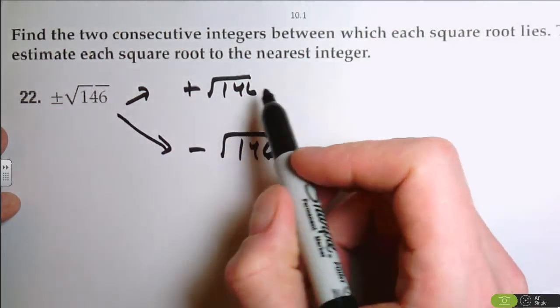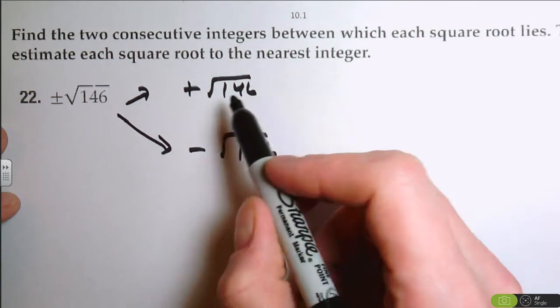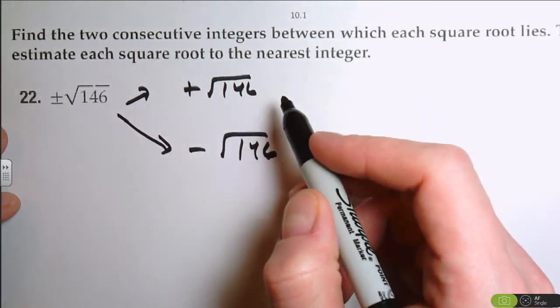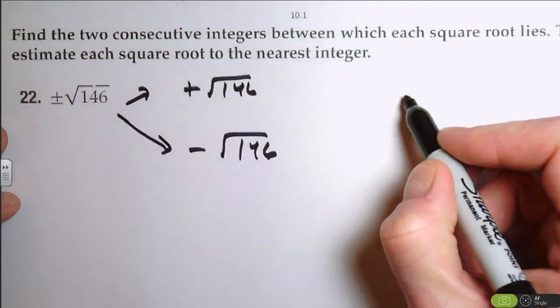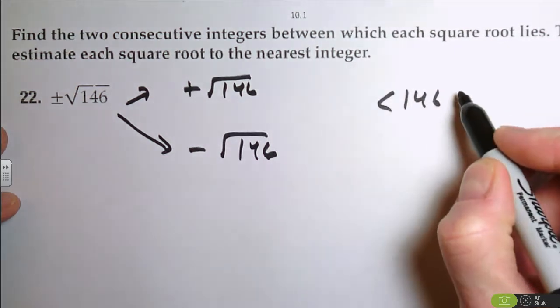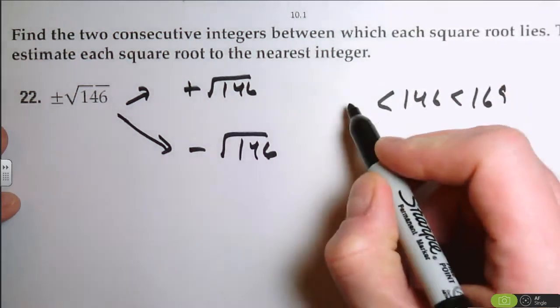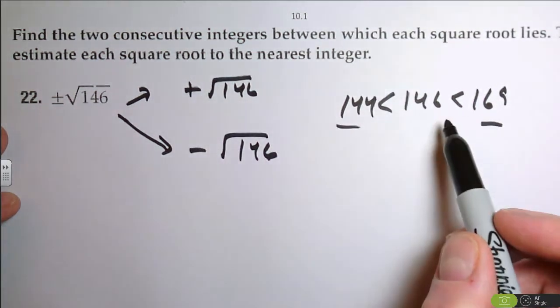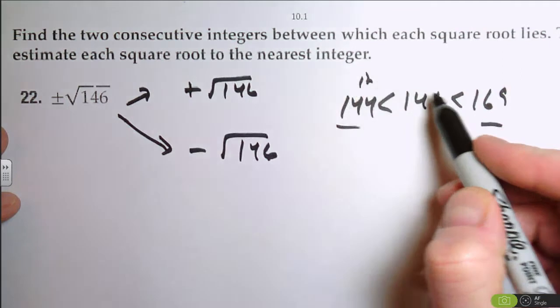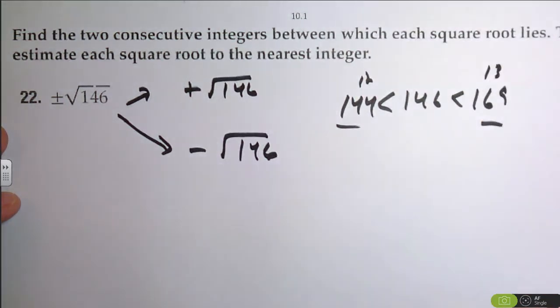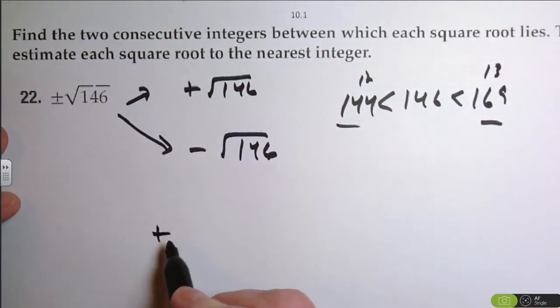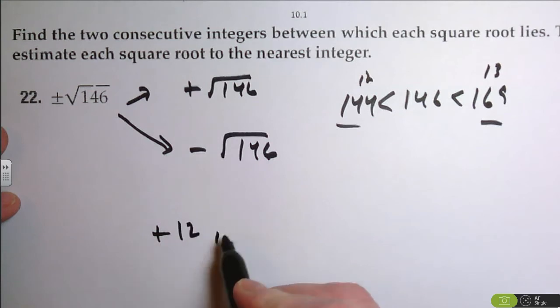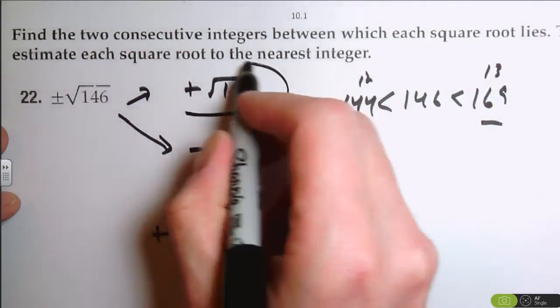Now, the square root of 146 doesn't have a perfect square root, but you have to recognize that 146 is between 144 and 169, and both of those numbers have square roots. The square root of 144 is 12, and the square root of 169 is 13. So this has to be between positive 12 and positive 13.